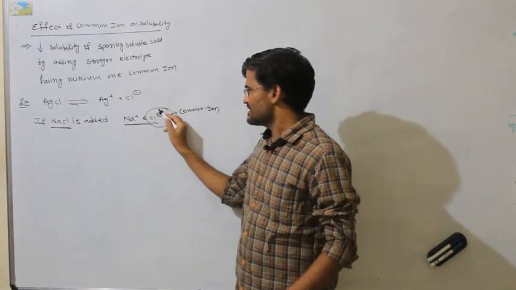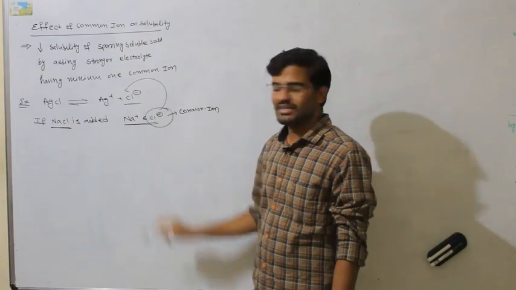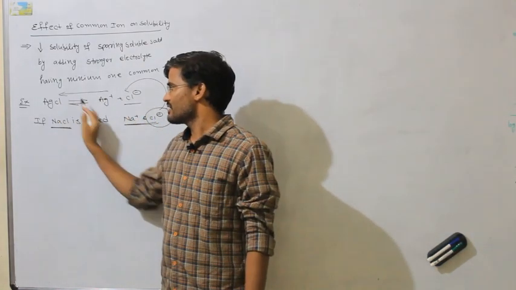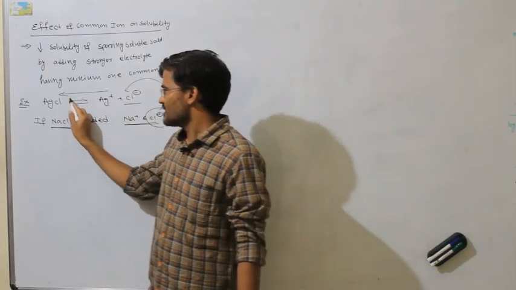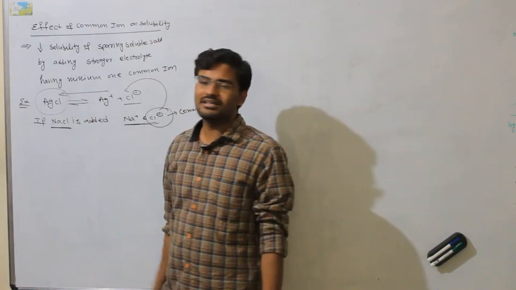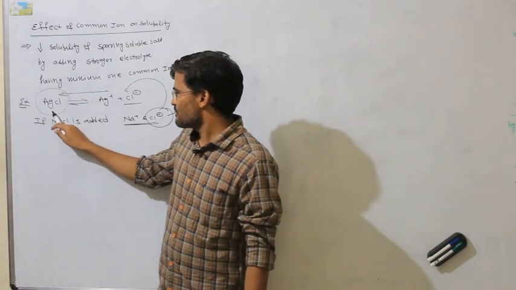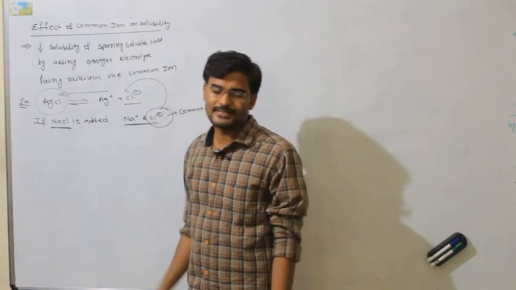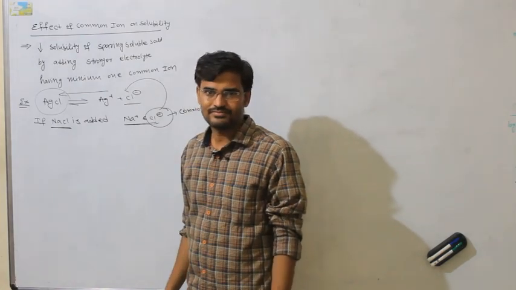When Cl minus is added, the concentration of Cl minus will increase, the product is going to increase, so equilibrium will take a backward direction. Equilibrium going backward means more undissolved salt formation will happen. Undissolved salt formation means the Ag plus ion amount in the solution decreases. So solubility decreases.